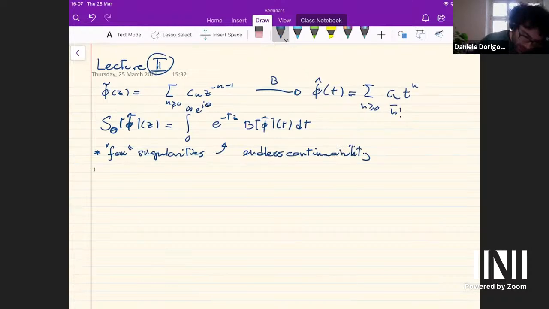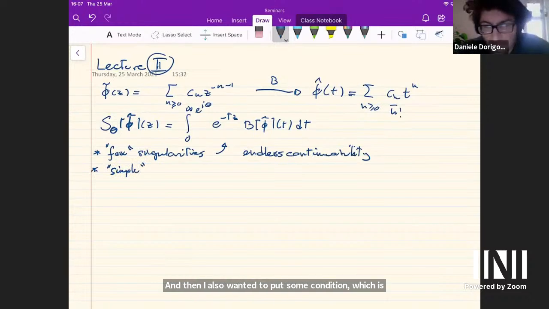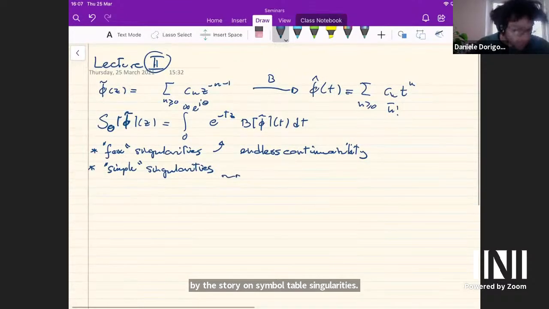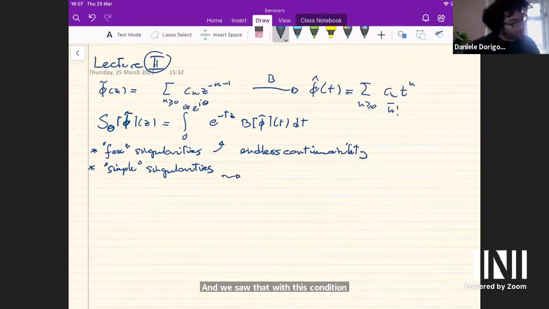And then I also wanted to put some condition, which is not really super important, but it was just to simplify the story, on simple type of singularities. And we saw that with this condition, where's my equation? Perfect.